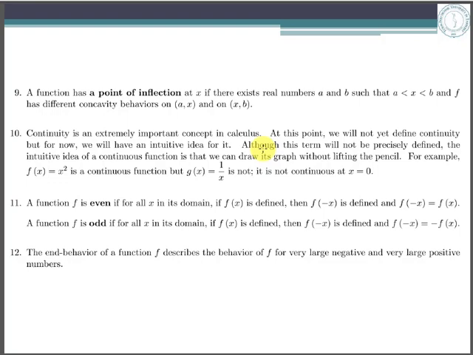And the next step, number 11, is determining whether the function is even or odd. A function f is even if for all x in its domain, if f(x) is defined, then f(-x) is defined and f(-x) is equal to f(x).